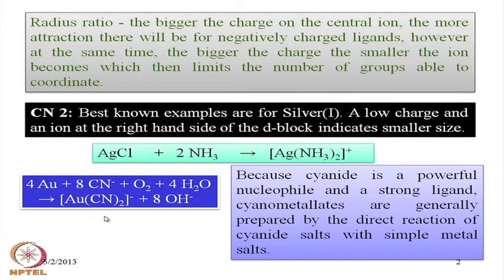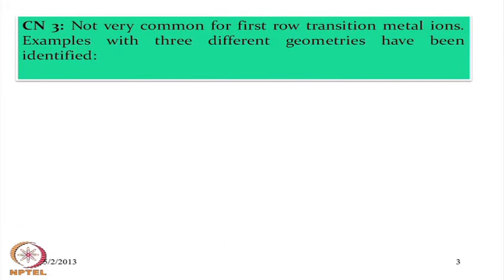And this particular complexation procedure is useful for the purification of gold, where the gold quality is not good. Some impure gold can be treated with this and it can be leached out as the salt, followed by reduction again back to the elemental gold, which can give rise to the pure variety of gold in our hand.